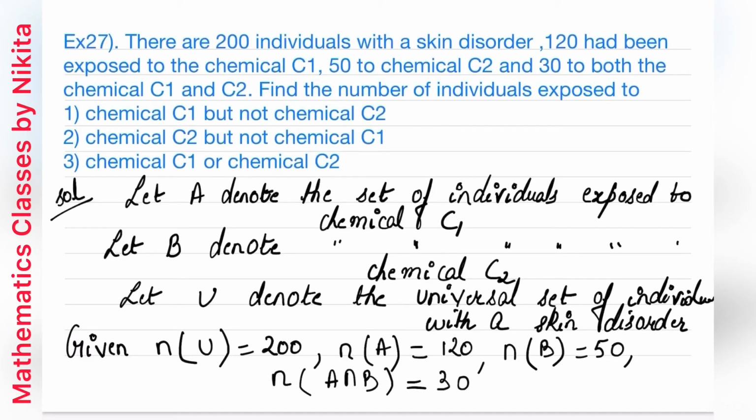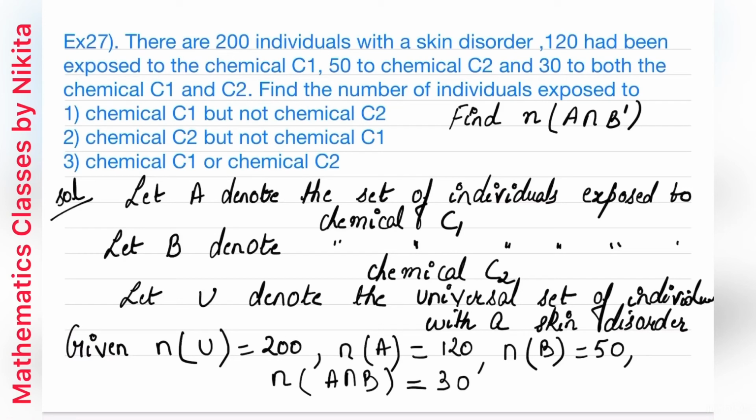Now first of all, see the first part. What you have to find in the first part? Number of individuals exposed to chemical C1 but not chemical C2. That means you have to find A intersection, so "but not" in between means intersection, and but not B complement.